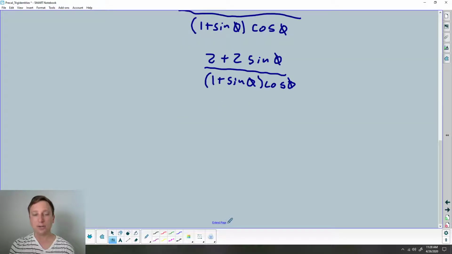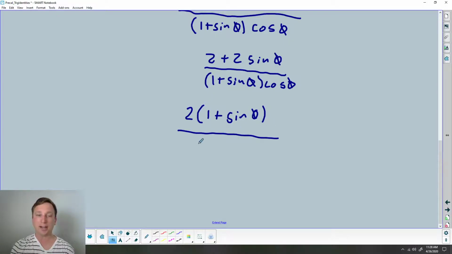If I look at the numerator now, I notice there's a factor of 2. So if I factor that 2 out, 2 divided by 2 is 1, and 2 sine theta divided by 2 is 1 sine theta. So we have a sine theta left when we factor that 2 out. And then we have a 1 plus sine theta in the denominator, which hasn't changed, and then times a cosine theta.